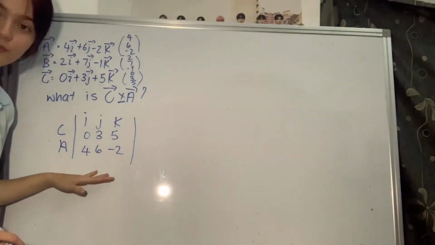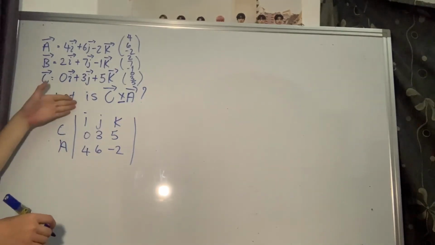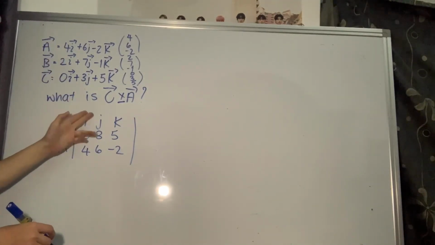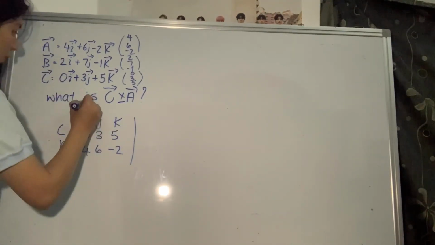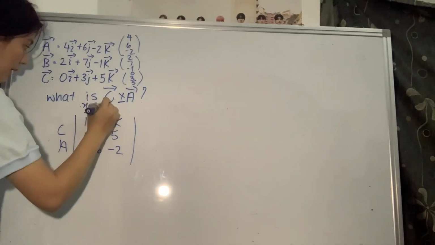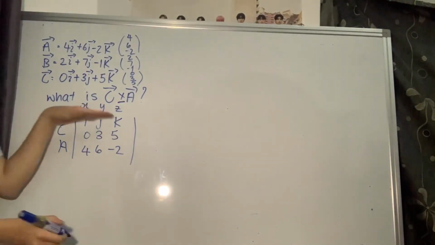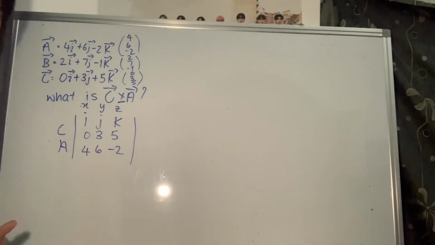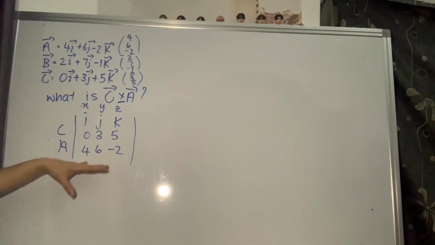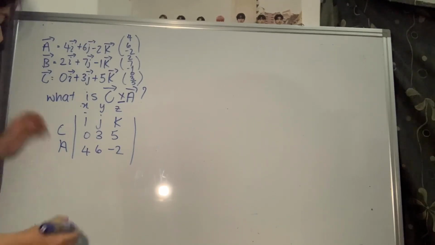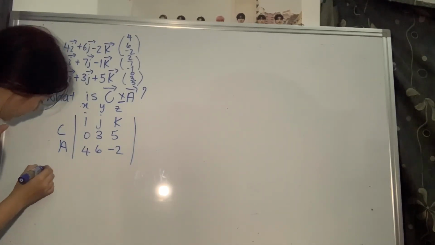So here we have our numbers plotted out within their respective terms as I, J, and K, which also stand for X, Y, and Z. We'll just leave that up there so that it's clear to understand. Now we're going to move on to the next step, which is separating them.